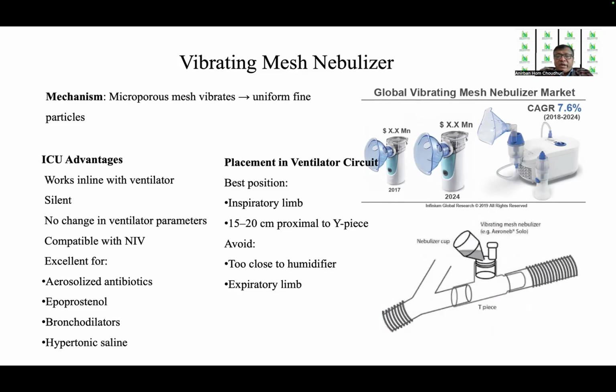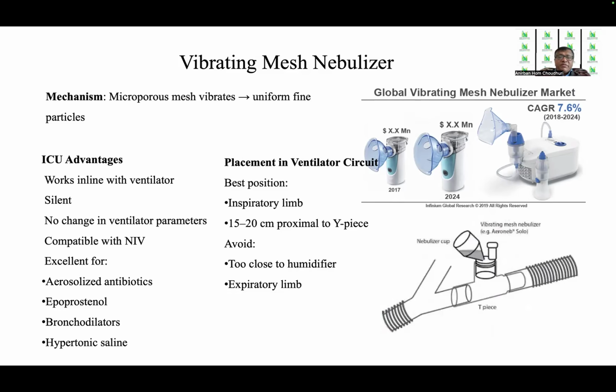It is silent, and no change is required in the ventilator parameters. It is compatible with non-invasive ventilation, and it is excellent for aerosolized antibiotics, epoprostenol, bronchodilators, and hypertonic saline. So it is a universal device.